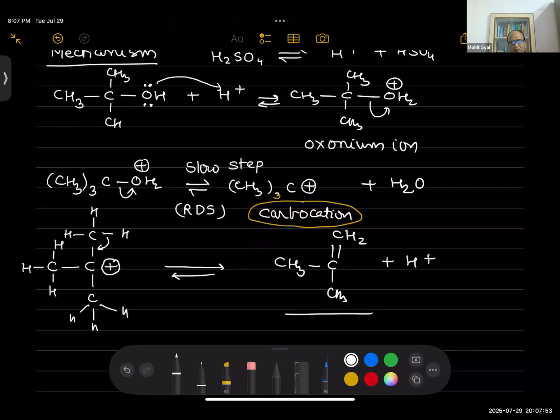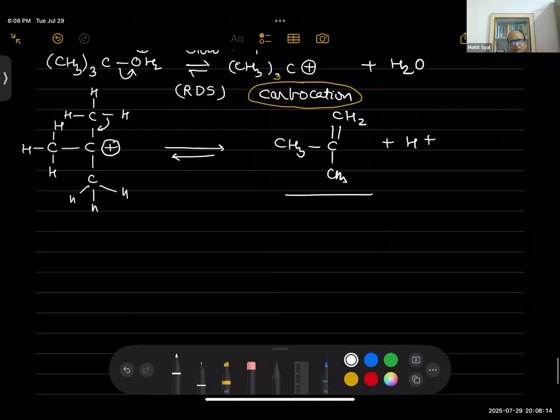Ibrahim, can you see? Marwa, can you see? Which ion is removed after the formation of a cation? H plus. H plus is removed from the position adjacent to the cation, and you end up with an alkene. Got it? Is it clear?